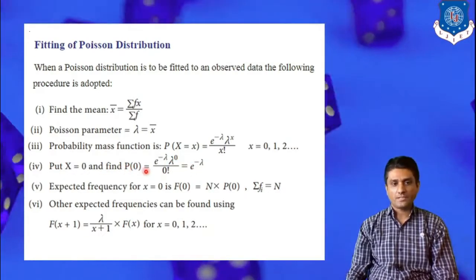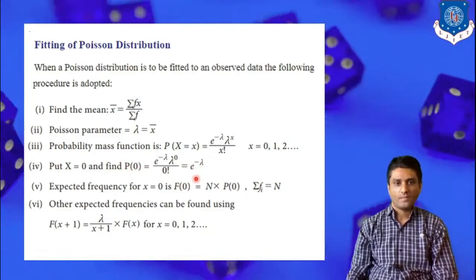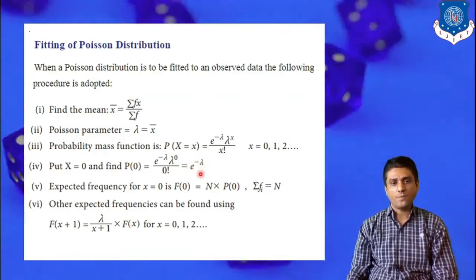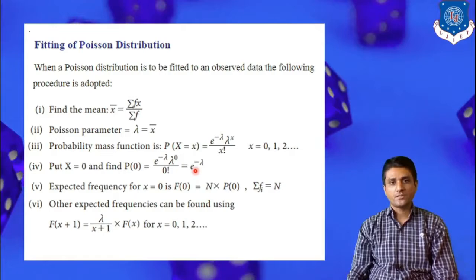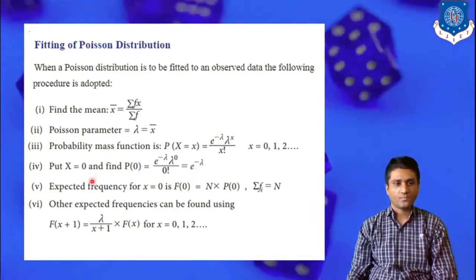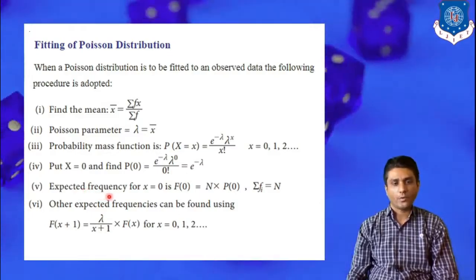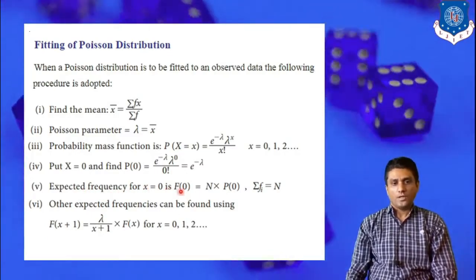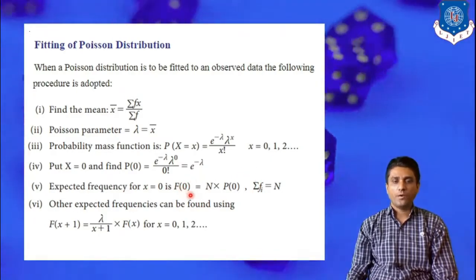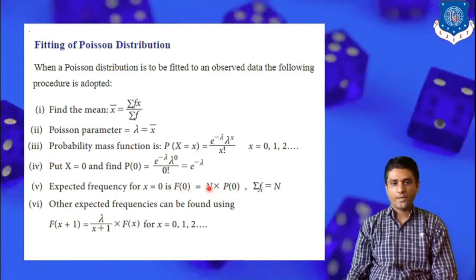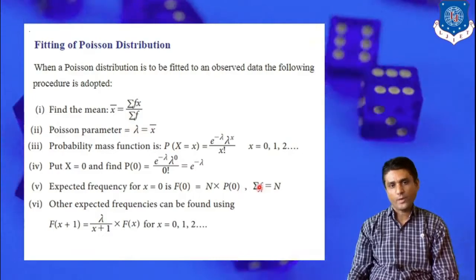So when we plug in x equal to 0, P of 0 simply leads to e raised to negative lambda, only in terms of the mean, because the value of e is fixed, 2.718 and so on. Next we find the expected frequency for x equal to 0: f of 0 equals capital N into P of 0, where capital N is the sum of f.